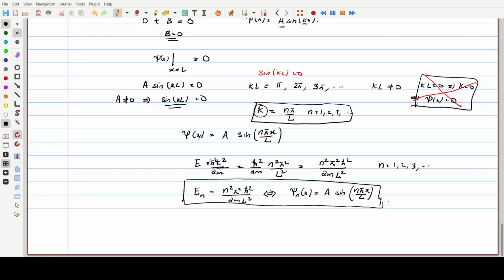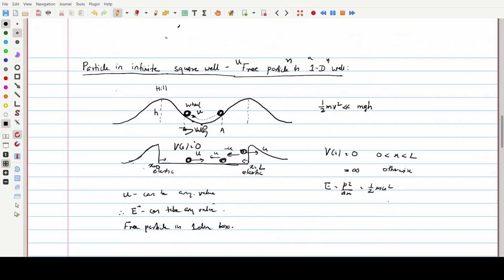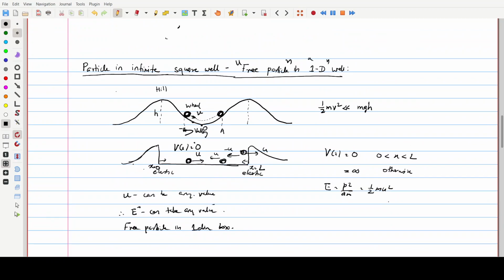It can take any value, like we have discussed in the earlier case of a free wheel rolling between two positions. It can take any value depending upon the initial kinetic energy. There is no restriction for its speed as well as its kinetic energy or total energy.